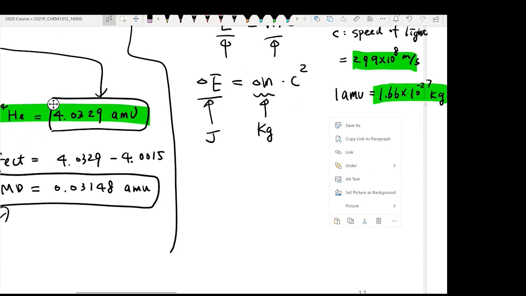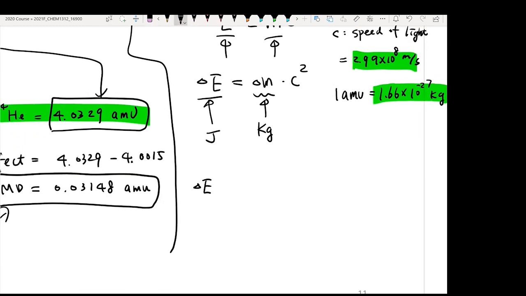With all this in mind, your delta E for this case equals your delta M, 0.03148 AMU. You want to convert into kilograms, so you multiply by 1.66 times 10 to the negative 27, which gives you the mass in kilograms.